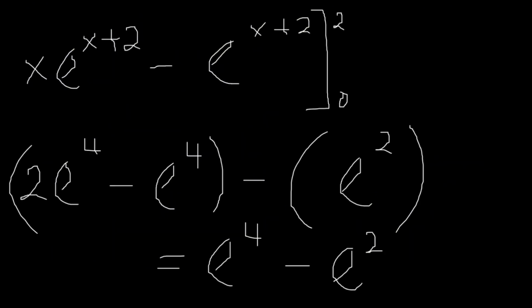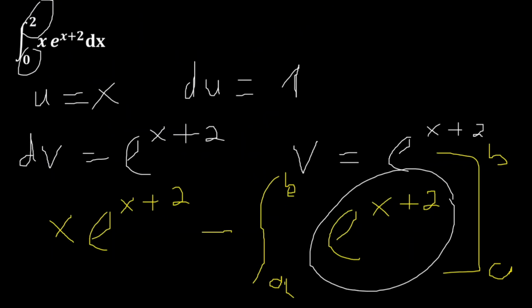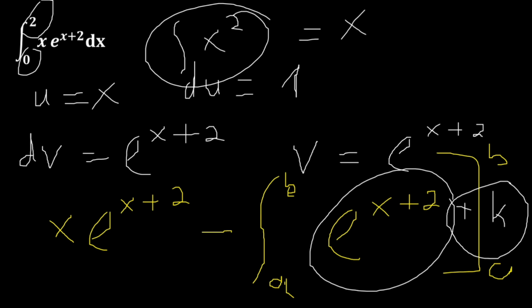I know some of you are going to ask, why are we not putting a constant here? Yes, you are right. Although usually in our school they always tell us to put a constant while integrating. We don't put a constant because there is a boundary from 0 to 2. In case it was a normal integral, like x squared, at the end you would have x cubed on 3 plus a constant k, because there are no boundaries. But when there's already a boundary for a specific region, like a curve, let's consider an infinite curve.